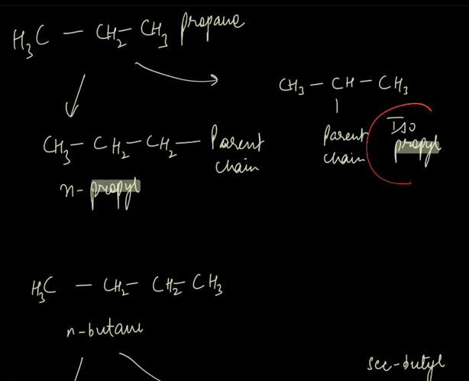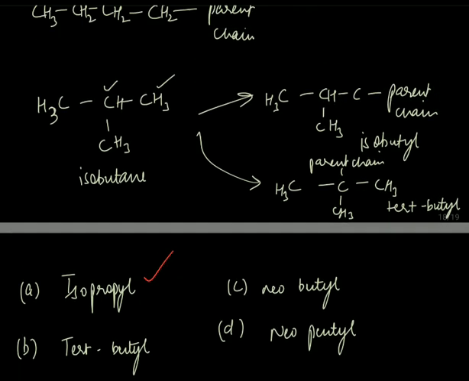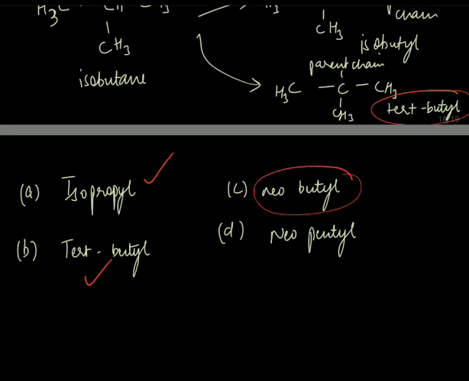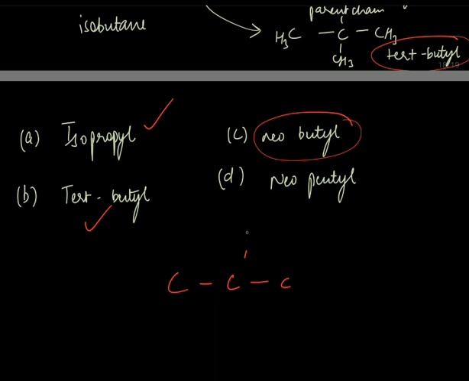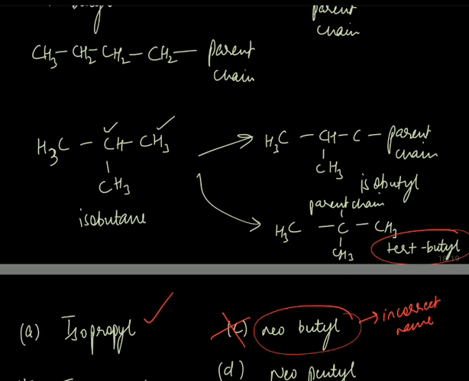This is your isopropyl, so this can exist. Then tert butyl I just wrote, this can also exist. Neobutyl is something which cannot exist. Neopentyl can exist. You need 5 carbon atoms in order to exist in the neo form. So this is the wrong answer, an incorrect name. The rest are all correct. So neopentyl definitely exists.